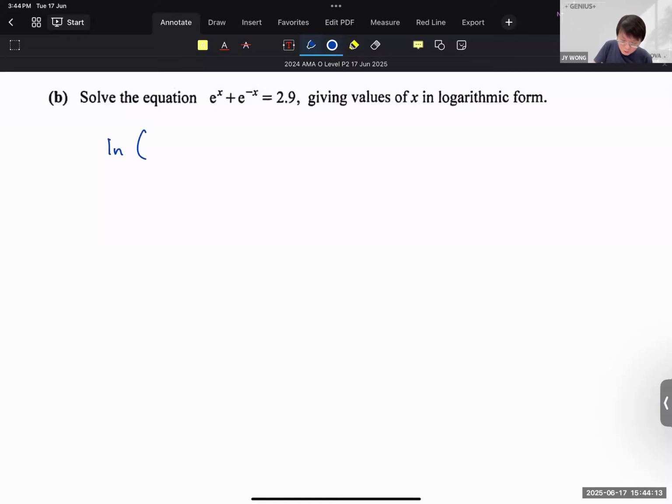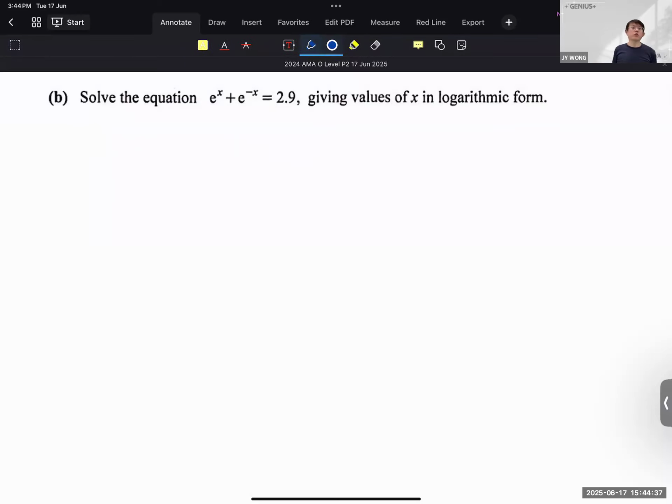You will get log of e to the power x plus e to the power negative x equals log 2.9. Then from here, how do you split the expression? Kaylin, what do you do first?